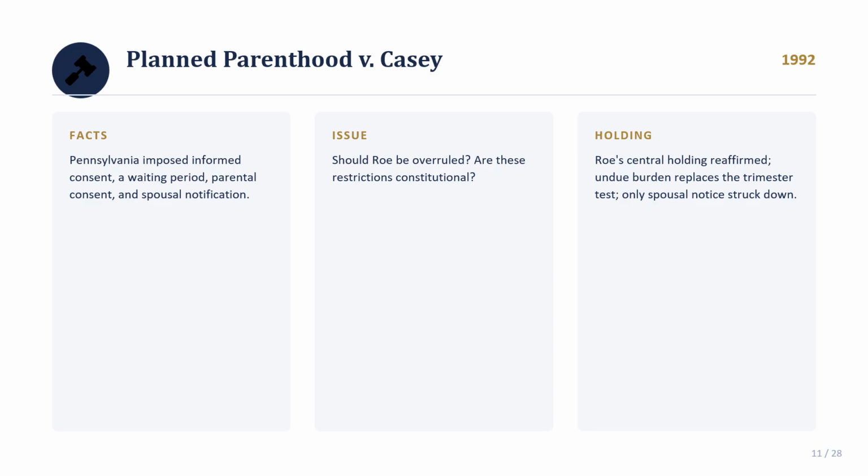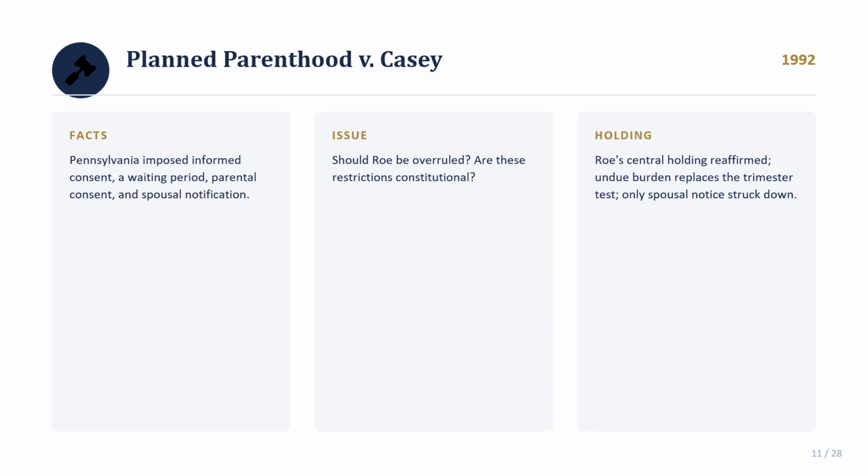Okay, now this is worth sitting with for a moment because it's one of the more subtle and frequently misunderstood features of Casey. The joint opinion that was authored by Justices O'Connor and Kennedy and Souter, it's an unusual grouping, that's worth noting, but it explicitly preserved what it called Roe's central holding, that a woman has a constitutional right to choose to have an abortion before viability without undue interference from the state.